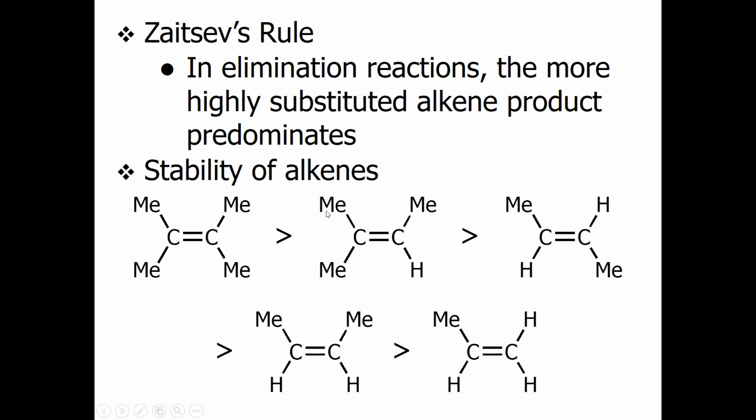You can see there are three alkyl groups, and the third most stable alkene is the trans dialkylated alkene. You can see this is trans, one up, one down. The fourth most stable is the cis dialkylated alkene, and then the monoalkylated alkene. And we have another least stable one, the simple unsubstituted alkene, which is the least stable. Okay.